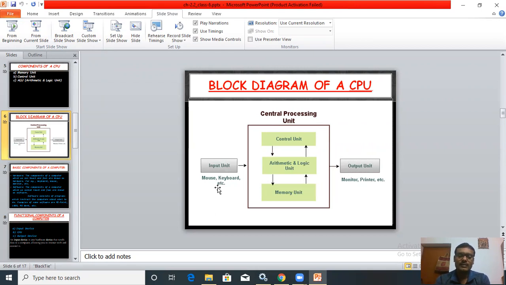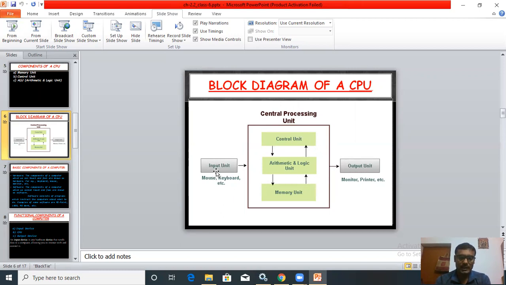Input unit means input devices are used for inputting the data, like keyboard, mouse, etc. These are used for inputting the data to the computer, and the data is transferred to the central processing unit. The CPU is responsible for processing the data.